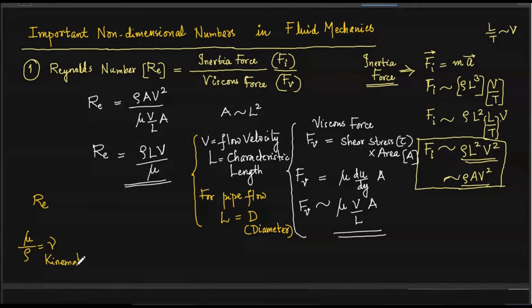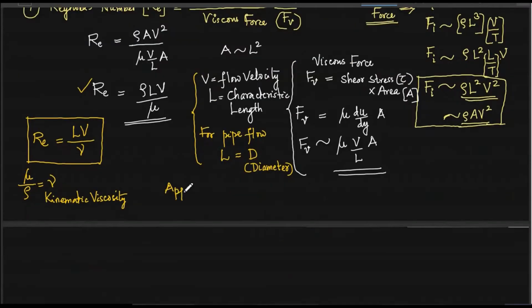If you make use of that, the rho goes to the denominator as mu by rho, and you can write characteristic length into velocity divided by kinematic viscosity. So characteristic length into flow velocity divided by the kinematic viscosity of the fluid. These expressions are important for us.